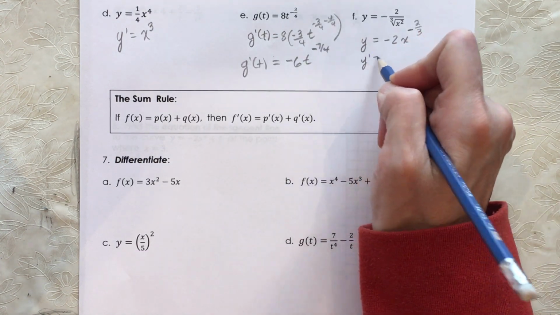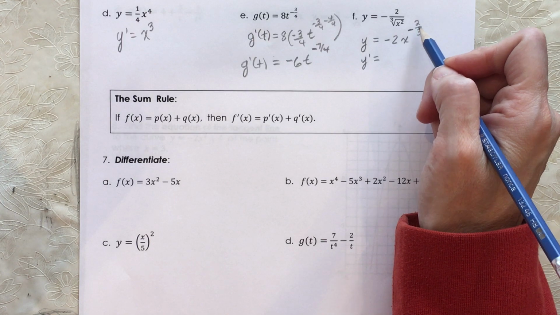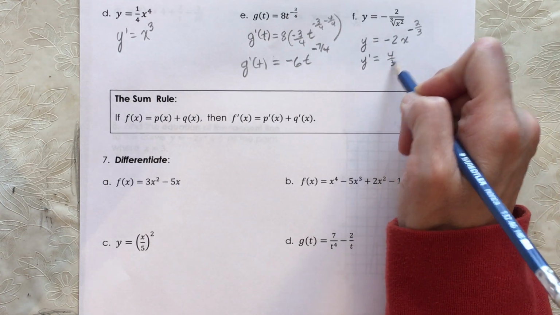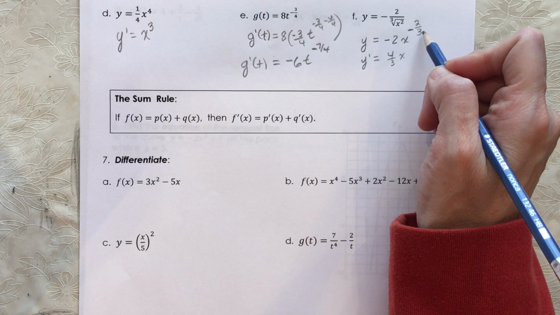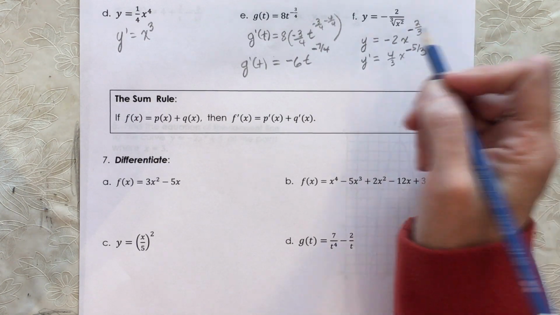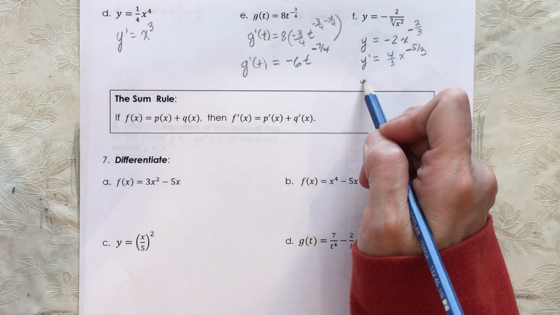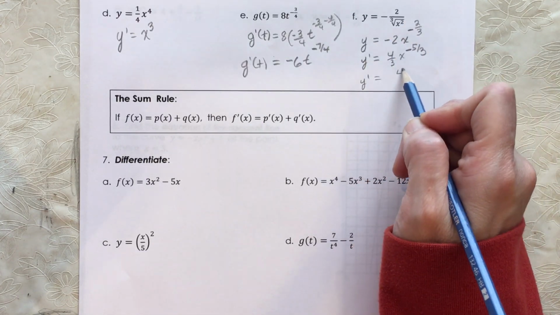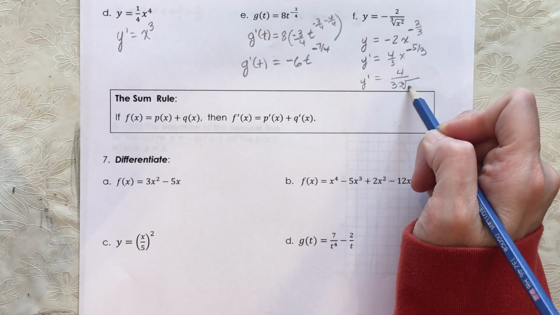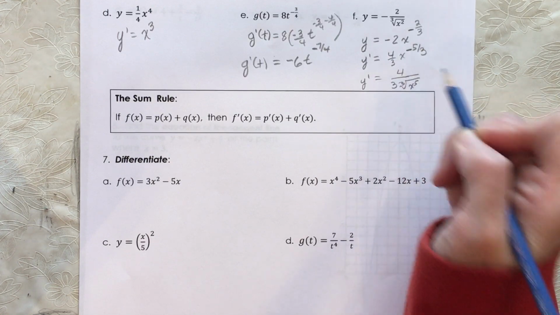So y prime is going to be negative 2/3 times negative 2, so that's 4/3, x to the negative 2/3 minus 3/3, so that's negative 5/3. And then we want to write it as a root, so y prime is going to be 4 over 3 times the third root of x to the 5th.